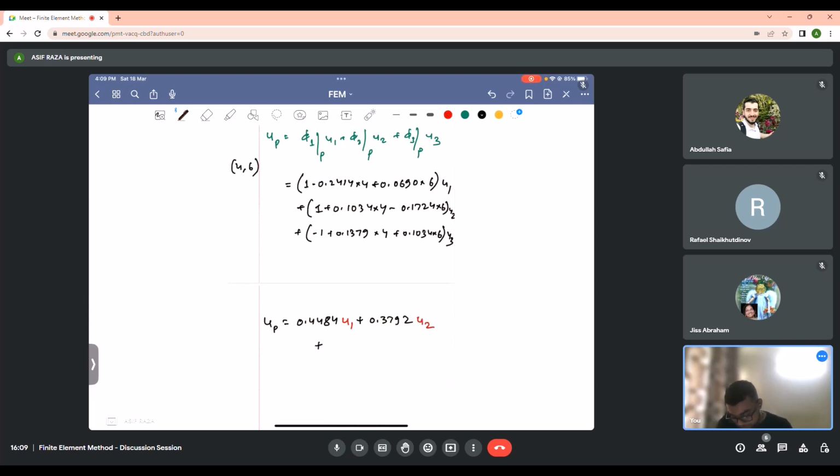Plus minus 1 plus 0.1379 times 4 plus 0.1034 times 6 is 0.172 u3.